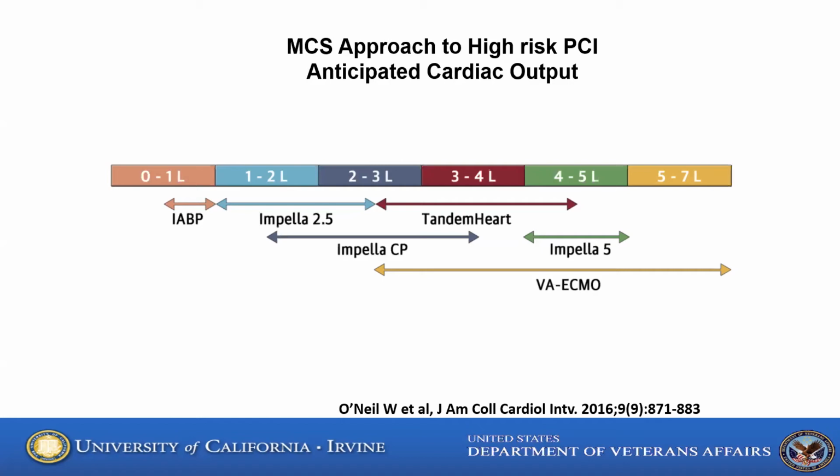Again, in order of what we just saw, the balloon pump is least powerful and the VA ECMO is most powerful. There is overlap with the Impella CP and the Tandem Heart, and the Impella 5 with the VA ECMO. So these are potential alternatives of increased cardiac output when needed.